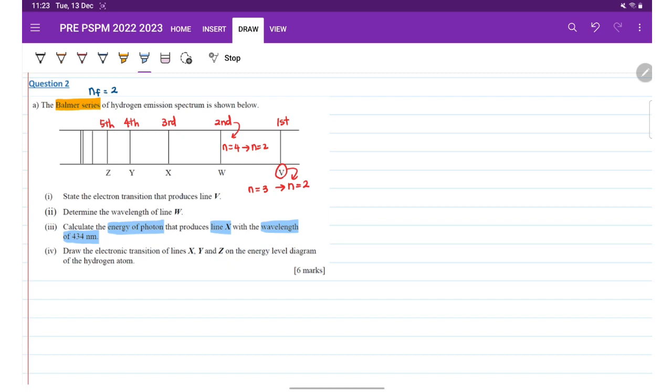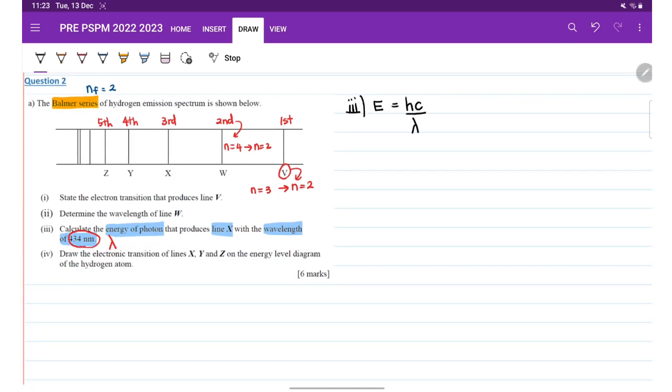Okay, since dekat sini dia dah bagi kita wavelength. Okay, so yang ini wavelength adalah kita punya lambda dekat sini. Since lambda is given, so we can use this equation to answer this question. Straight away use E equals to HC over lambda.